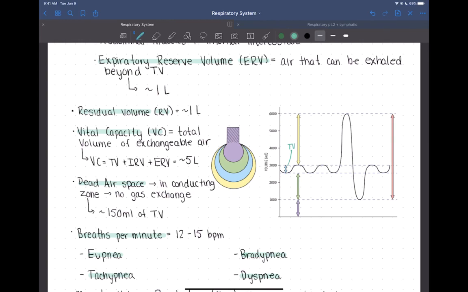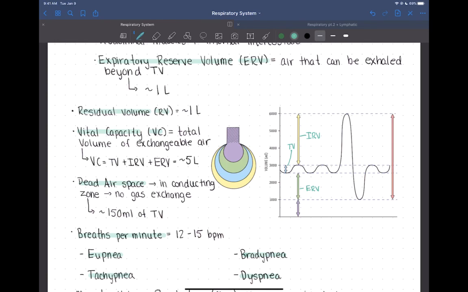Then the amount you can inhale beyond that normal quiet breath, when we do our big inhale, that would be our inspiratory reserve volume. And then we can do a big exhale. That would be our expiratory reserve volume.